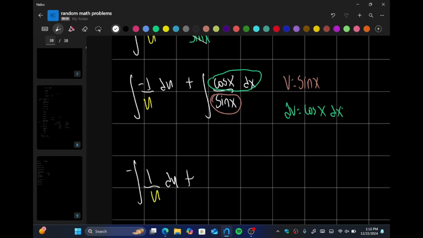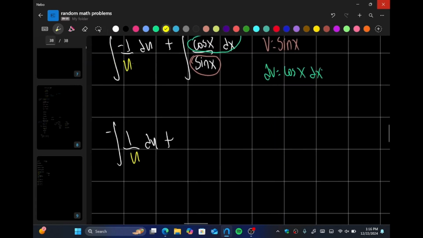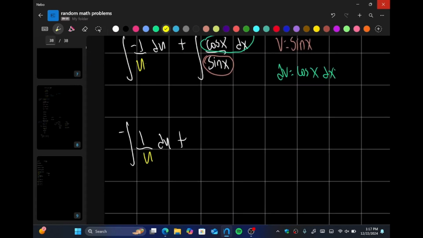So again, guys, I apologize. We had to make two different substitutions for these two. I did u and v because it's just better that way. And then at the end, I'll substitute after I integrate this.